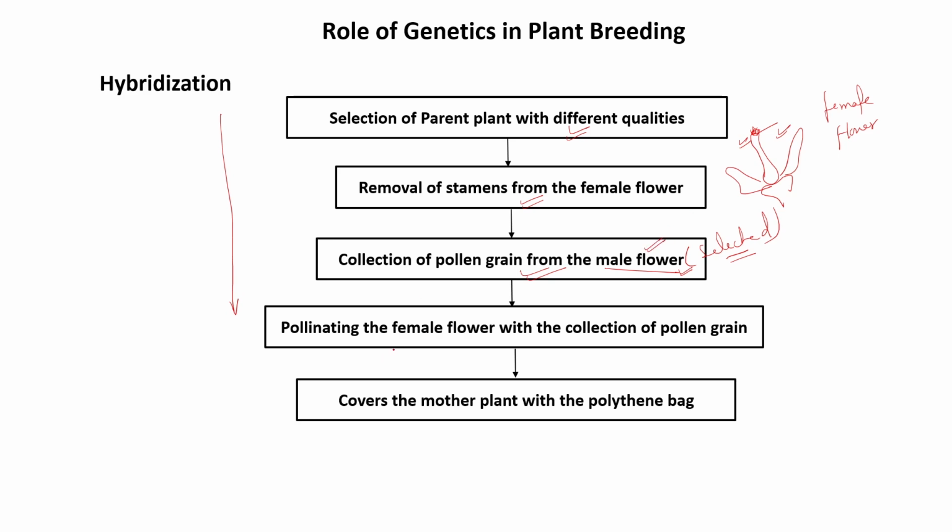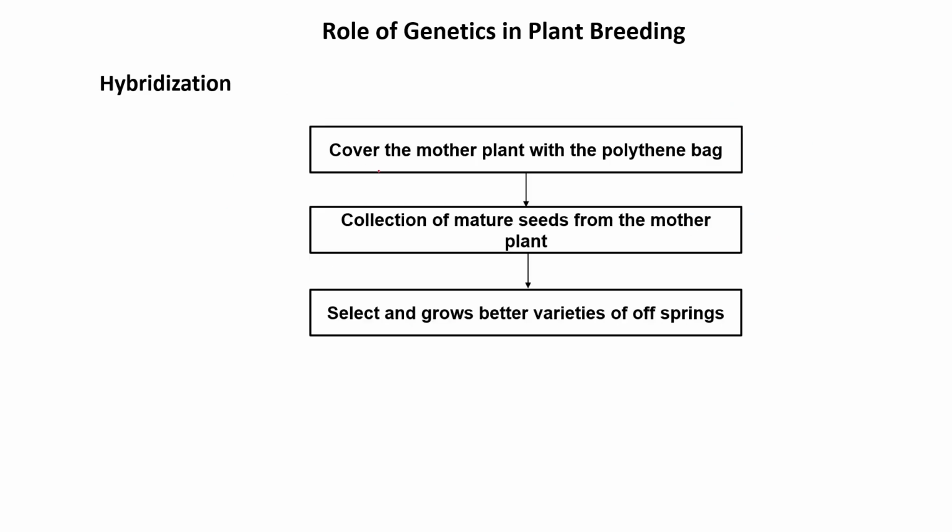So, pollinating the female flower with the collected pollen grain, cover the mother plant with the polythene bag. The flower is covered with the help of a polythene bag so that no contamination, no other pollen grain could come and pollinate that flower. So in the next step, cover the mother plant with the polythene bag.